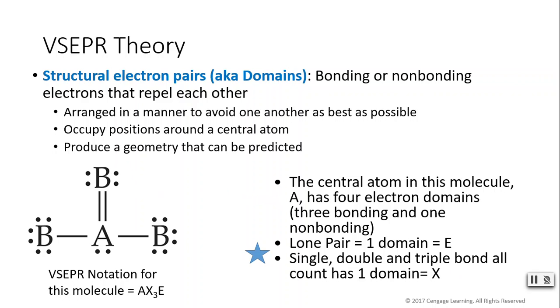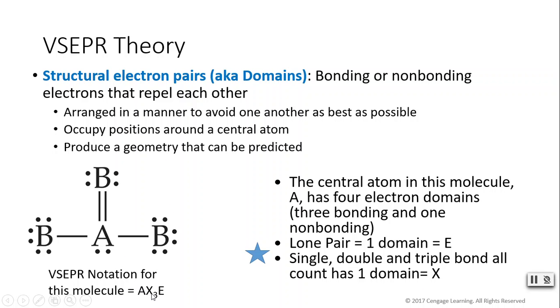Now, some books use A and B to denote central atom and bonded pairs. MindTap and other texts use this format, AXE, which is what I will use in my materials. What does AXE stand for? When writing a VSEPR notation for a Lewis dot structure, A stands for the central atom. So in this AB3, A stands for the central atom.